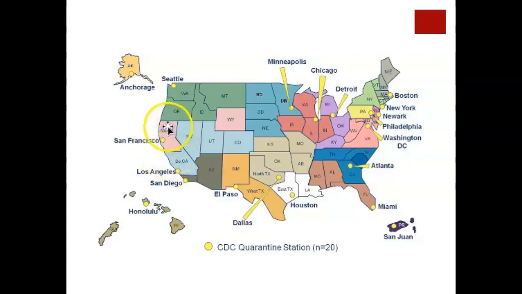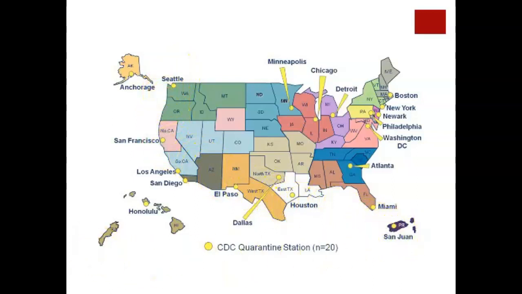These are federally run facilities where people can be quarantined, and again, sometimes against their will. You might be surprised to see that we have a quarantine station in Massachusetts, in the Boston area. There's a quarantine station in New York, in Pennsylvania, in New Jersey, and at other locations around the country.